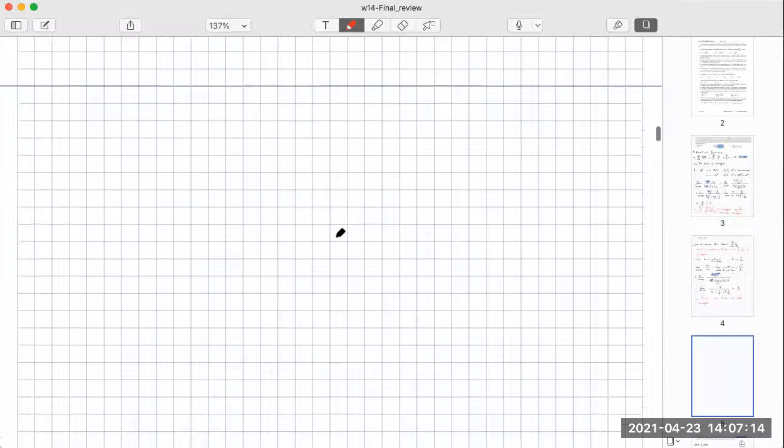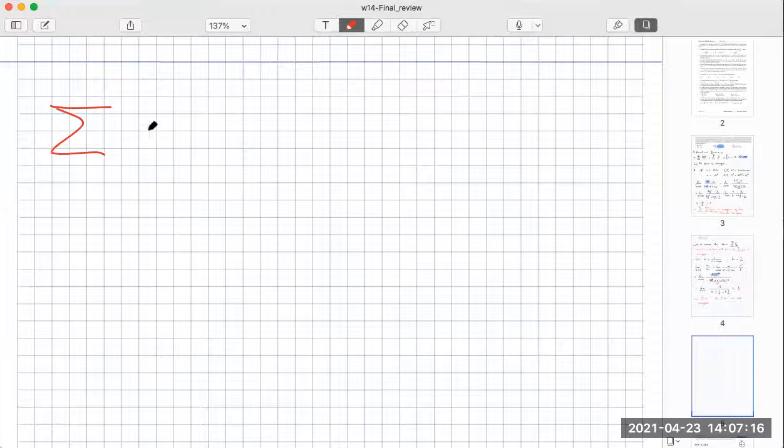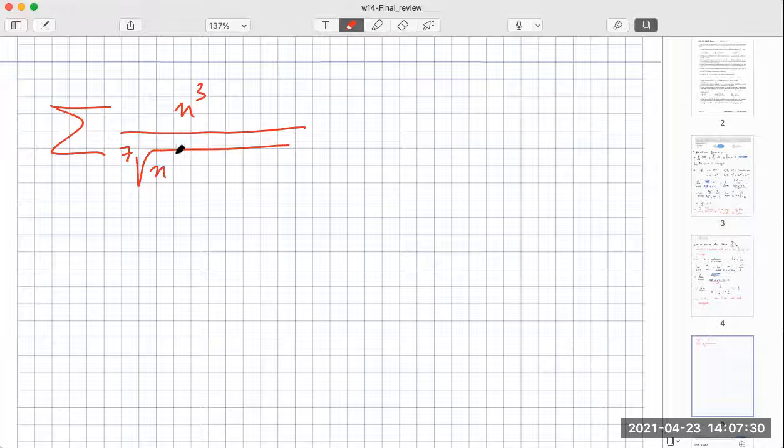Now, if someone just gives you this series, with n cubed in the numerator, and a seventh root of n squared plus 10n plus 1, and they are even crazier, adding n squared outside of this radical sign, for example.